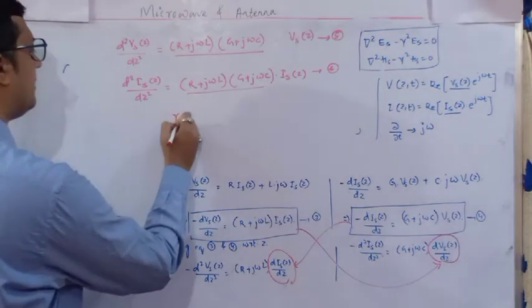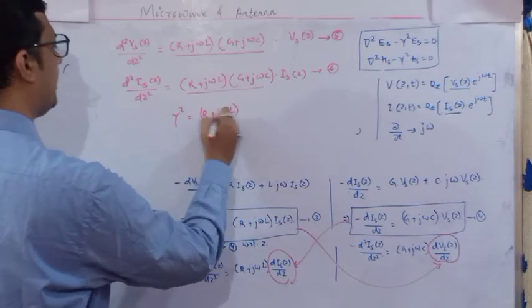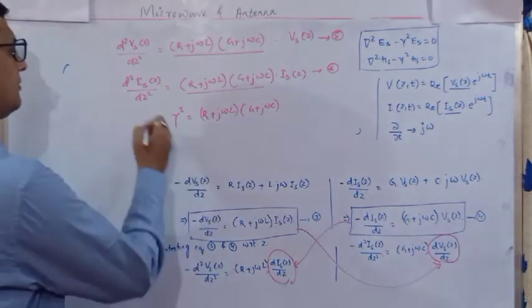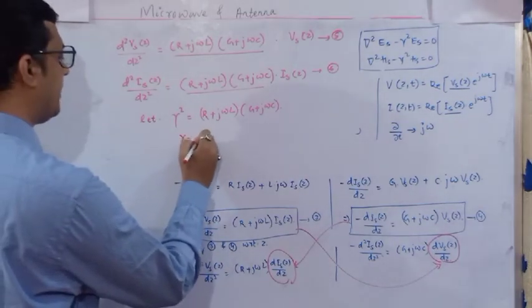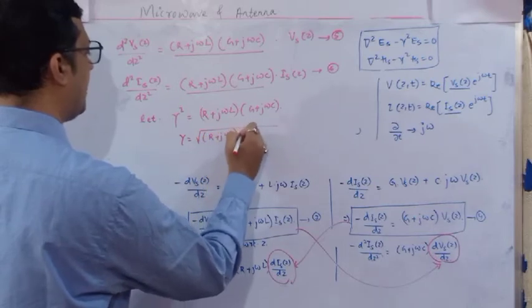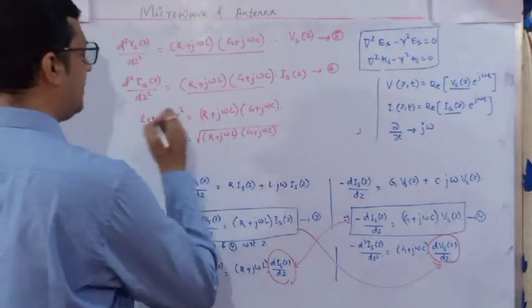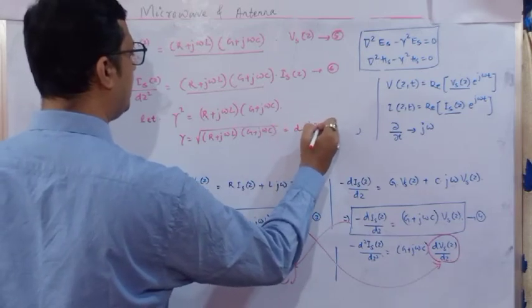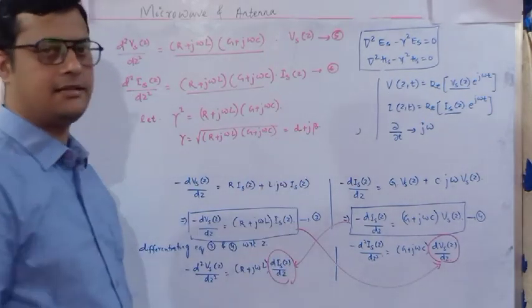I will write gamma square equals R plus j omega L into G plus j omega C. So this is my propagation constant, and gamma is the square root of R plus j omega L into G plus j omega C, which equals alpha plus j beta, because it is a complex term. If you solve this, you will get one real part and imaginary part.